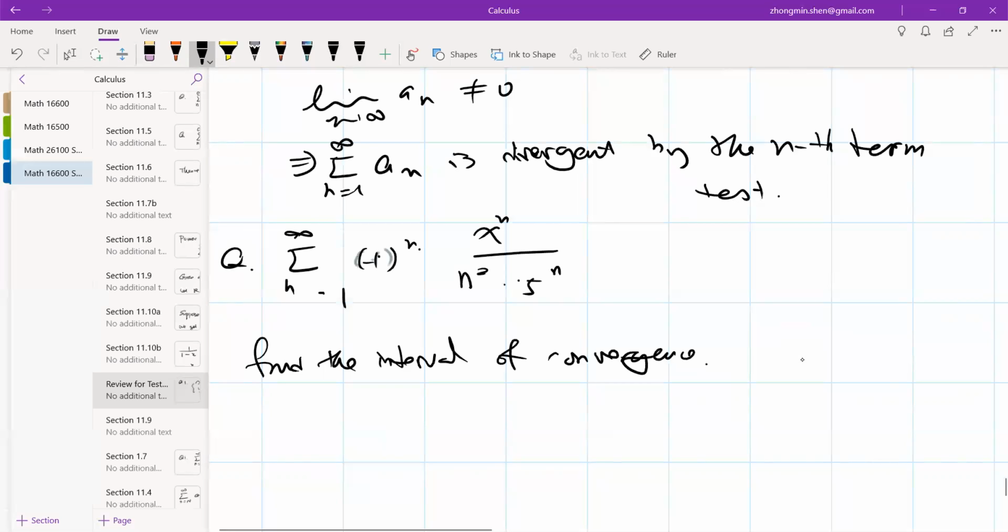I look at this problem. I know it's going to be, actually, the function is absolutely convergent over the closed interval from -5 to +5.